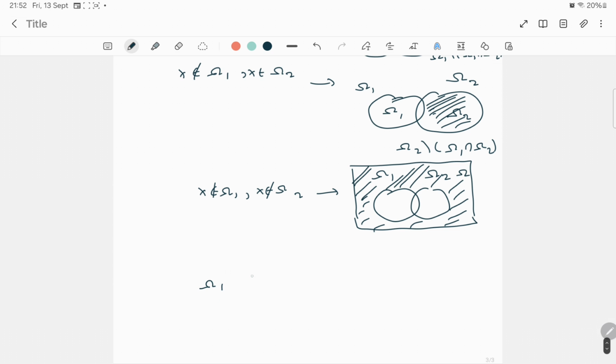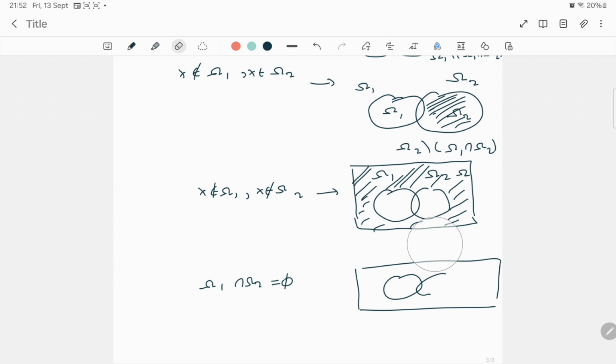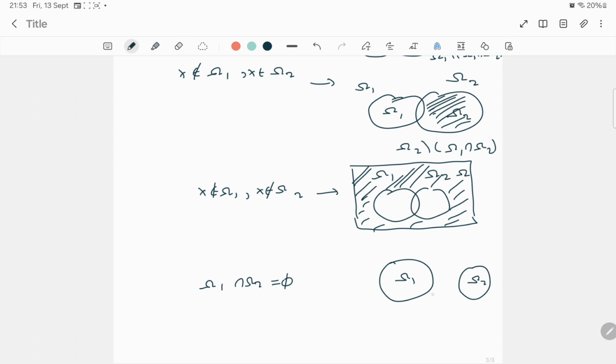We have also the case that omega 1 intersection omega 2 is an empty set, which means the following: that omega 1 and omega 2 do not intersect. This is omega 1, this is omega 2. So this intersection here is empty. Is an empty set.